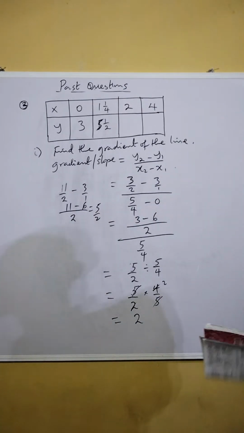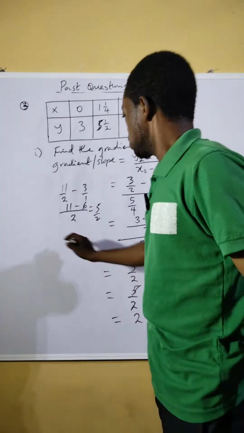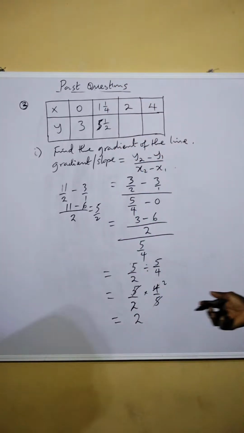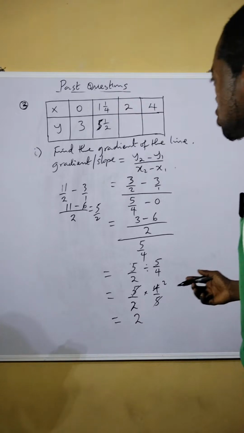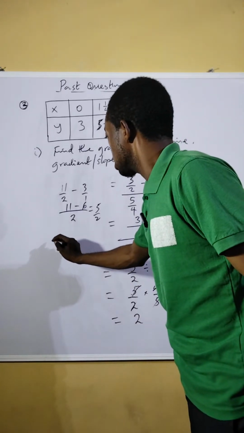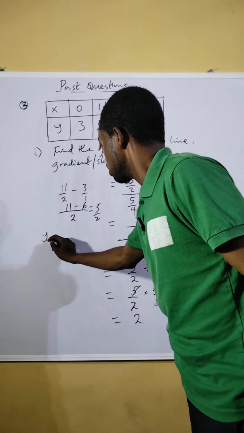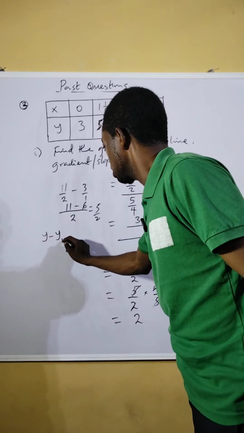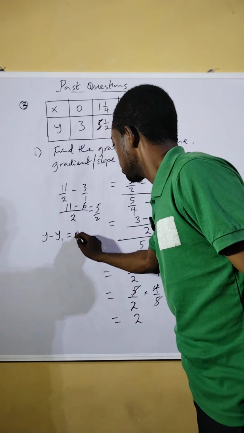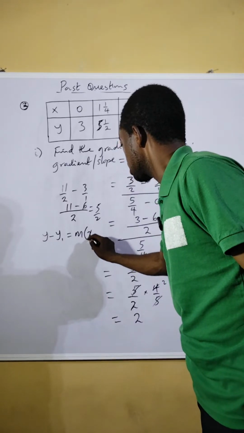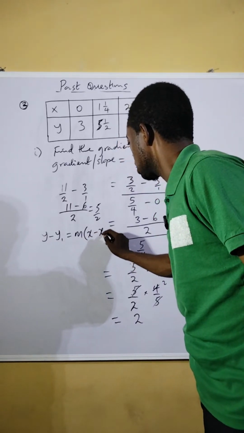If the gradient is now 2, we confirm the equation of the line. We can get the equation of the line using the one-point and gradient form, which is y minus y1 equals m into bracket x minus x1.